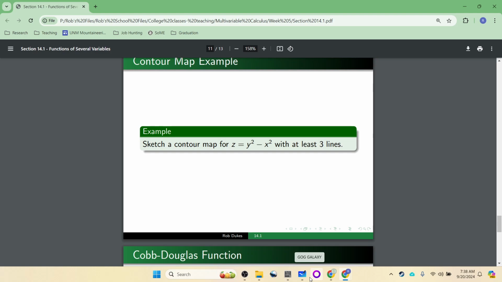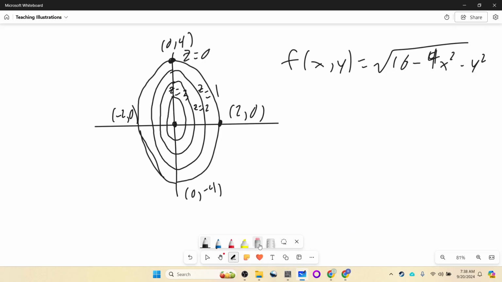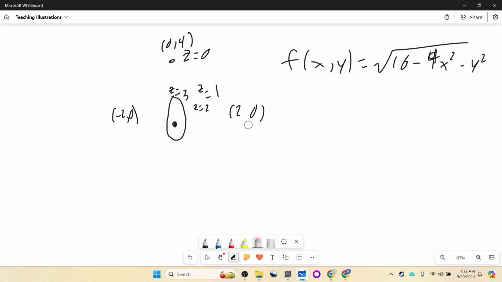This is probably the quiz on Monday: draw one of these contour maps. So, z equals y squared minus x squared.